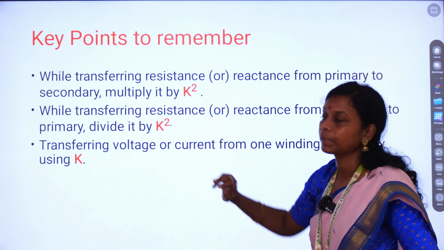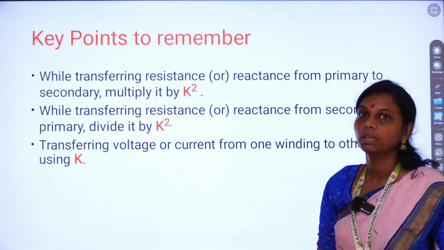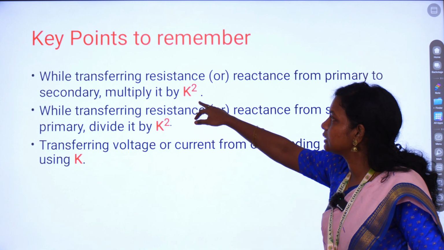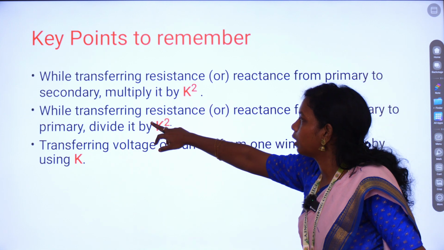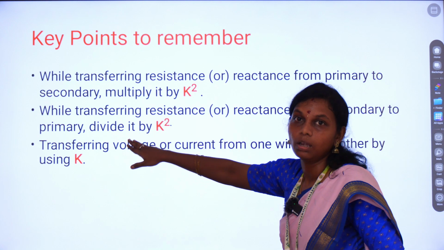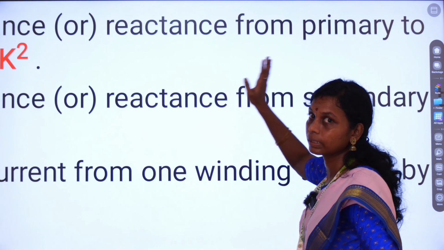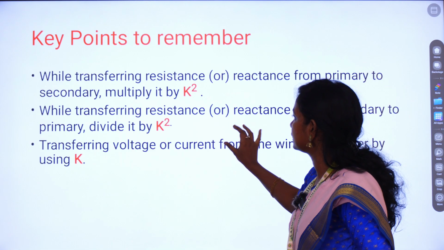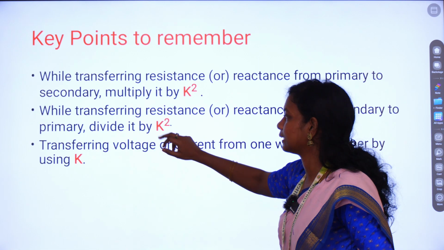What is K? It is the turns ratio, referred to as K. And while transferring the resistance or reactance from secondary to primary, that is R2 to primary, we have to divide by K square.